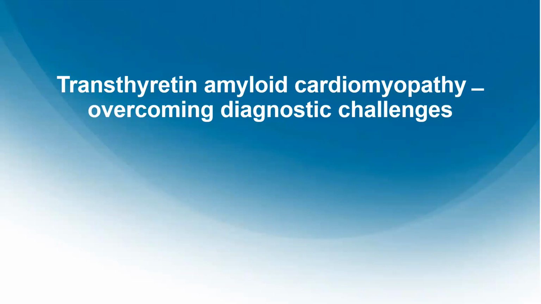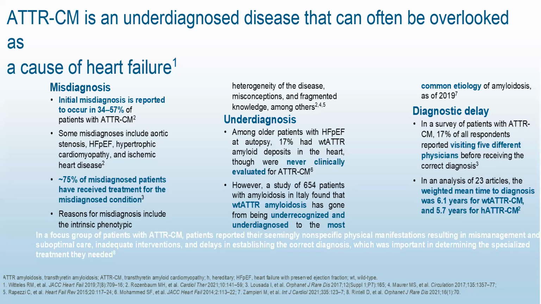The diagnostic challenges here are high. Why are the diagnostic challenges high? Because number one, you might not get the patient here. So actually, a patient with cardiac amyloidosis is initially misdiagnosed.